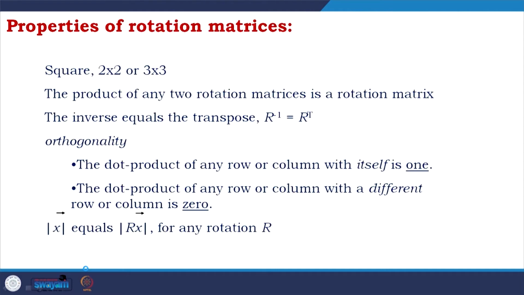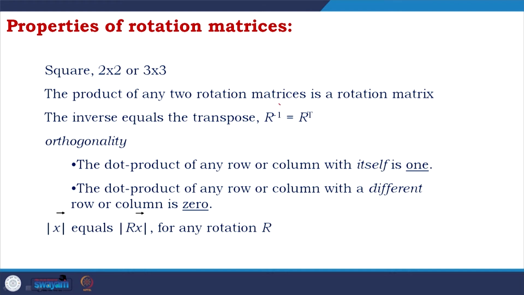The rotation matrix could be 2 into 2 for 2D, it could be 3 into 3, because in case of rotation, as we have seen here, this is 2D, it could be 3D also, which we will see. The product of any two rotation matrices is another rotation matrix. The inverse equals the transpose.